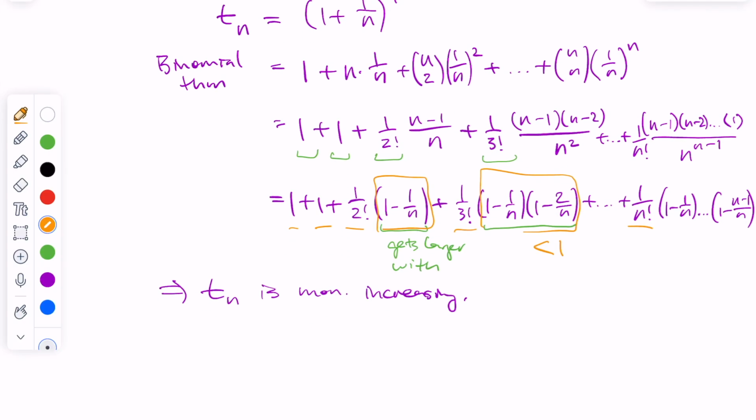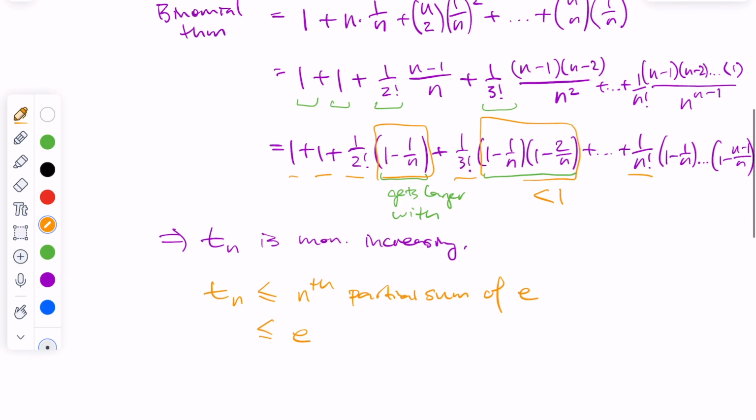So we see from this that Tn is less than or equal to the nth partial sum of e. So that has to be bounded above by e. So then we can use monotone convergence. So by the monotone convergence theorem, e prime exists. It's well defined.